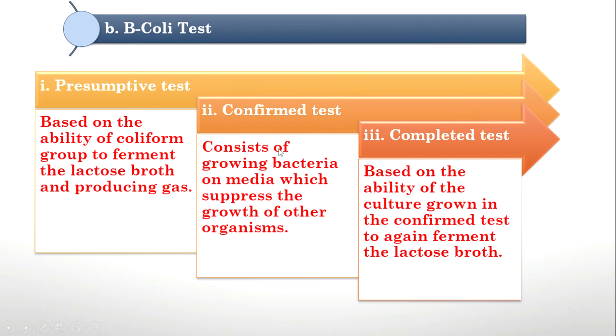The confirmed test consists of growing bacteria on media which suppress the growth of other organisms. And the completed test is based on the ability of the culture to again ferment lactose broth. So there are 3 steps: presumptive, confirmed and completed. We will see each of them.